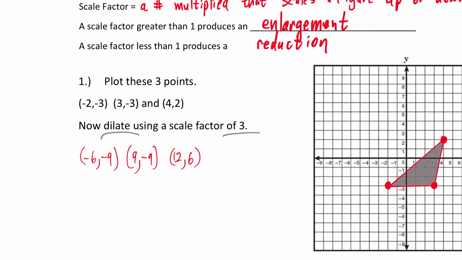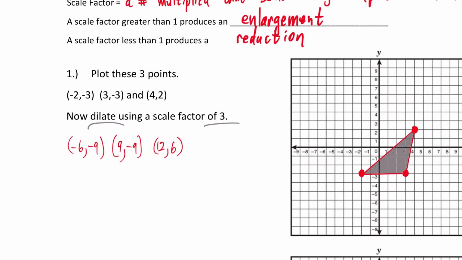So let's plot those 3 new points. And one of those points is going to go off the grid. So just kind of estimate where that needs to be at.